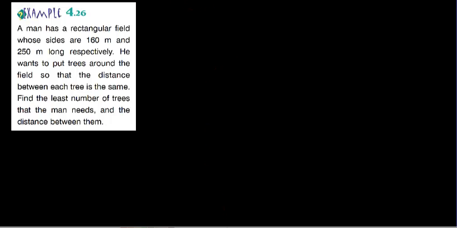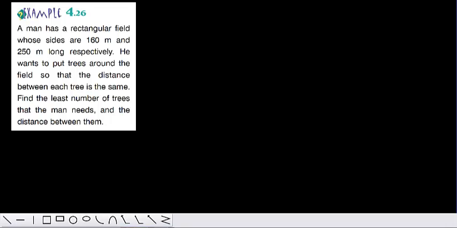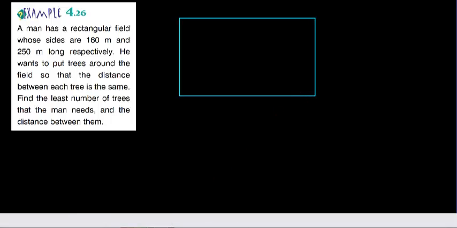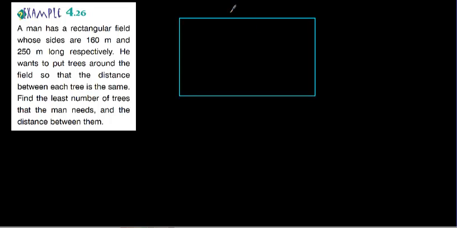Here a man has a rectangular field, and I'm going to draw one. It says that one side is 250 meters long, so the longer side is 250 meters, and the smaller side is 160 meters.